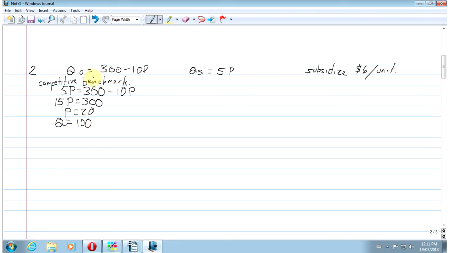To get the producer surplus, we're going to have 20 minus 0 times 100 divided by 2. So PS equals 20 minus 0, because at quantity 0, price has to be 0.